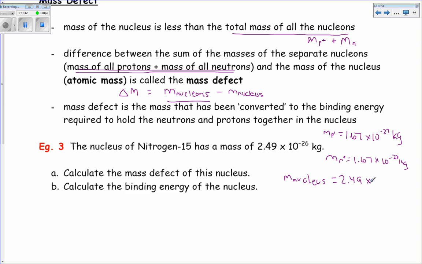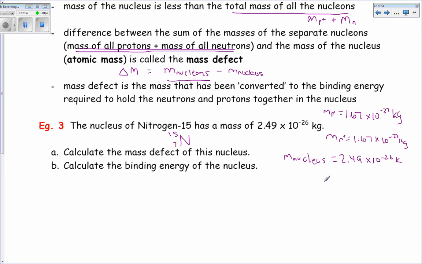And nitrogen-15, so 15 is the atomic mass number, the total number of nucleons. The atomic symbol is N, and there are 7 protons. So in this particular nucleus, we have 7 protons and 8 neutrons.